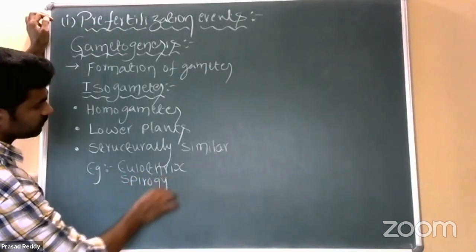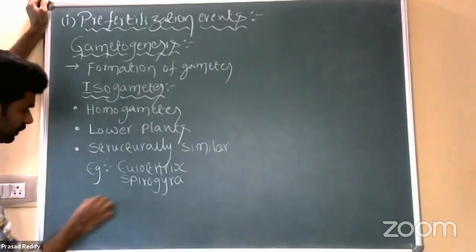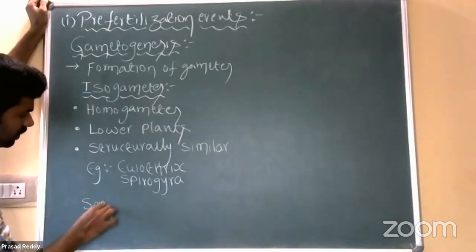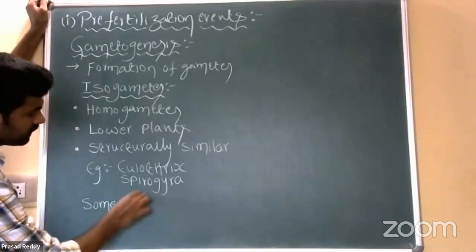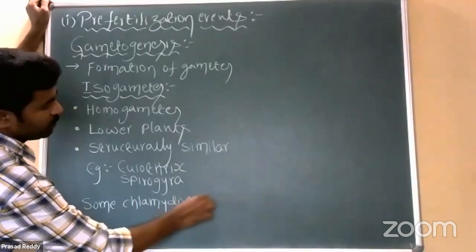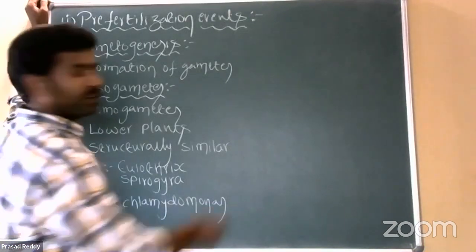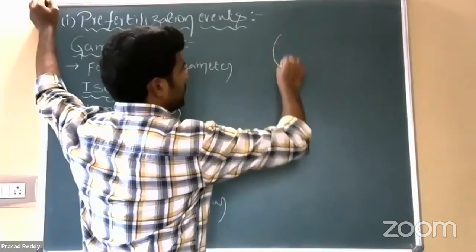Spirogyra, Ulothrix, and some Chlamydomonas members, not all. For example, take the male gamete first.